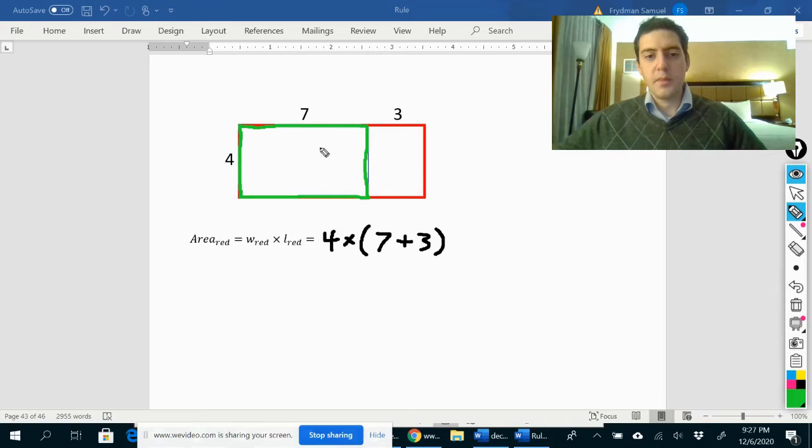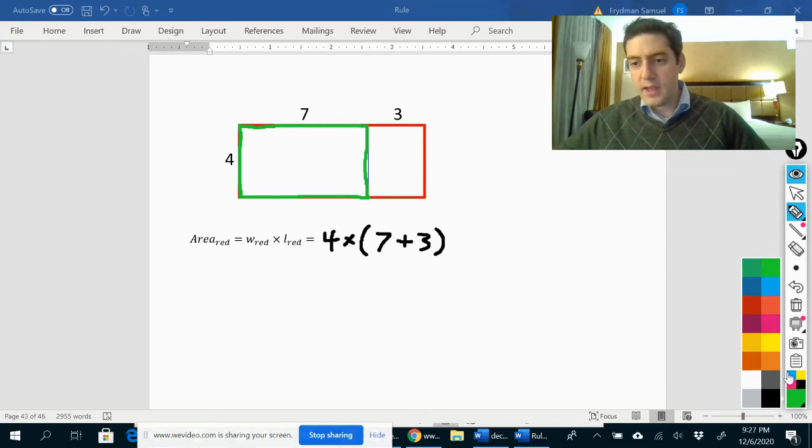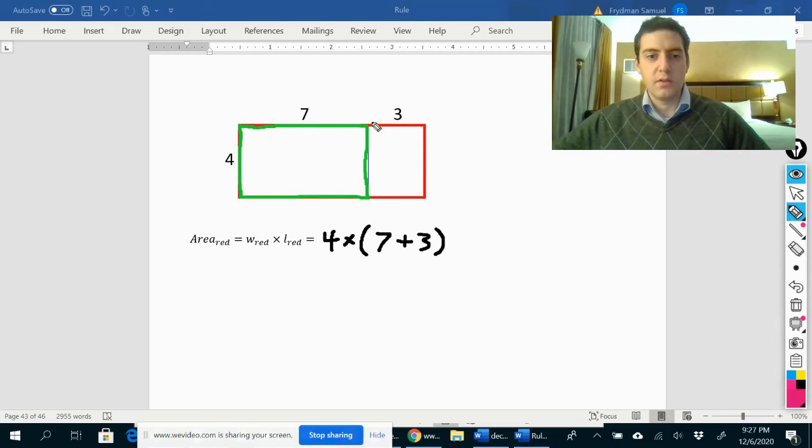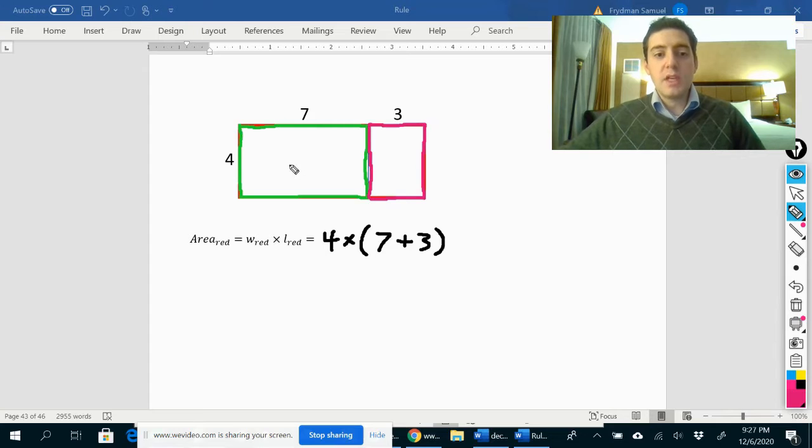Okay, so let's say I want to break this big red rectangle up into a green rectangle and a pink rectangle. So the area of the red rectangle should be equal to the area of the green rectangle plus the area of the pink rectangle.